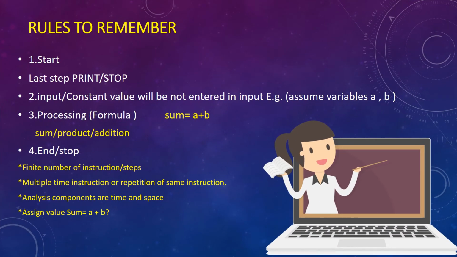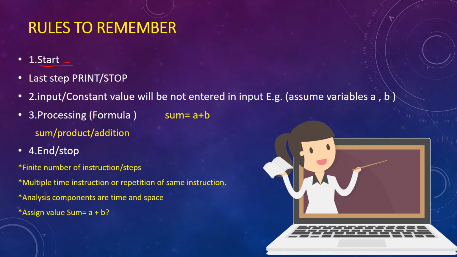Now, rules to remember how to write the algorithm. Step number 1, you will always write start here. The first step is your start. The second one is end, stop, or print. This is not the second step.